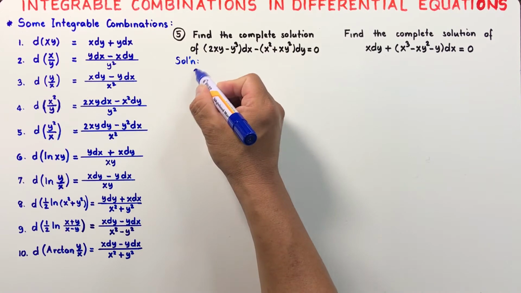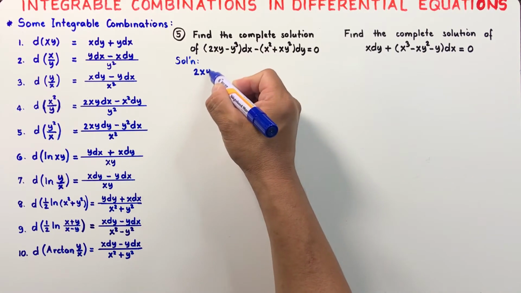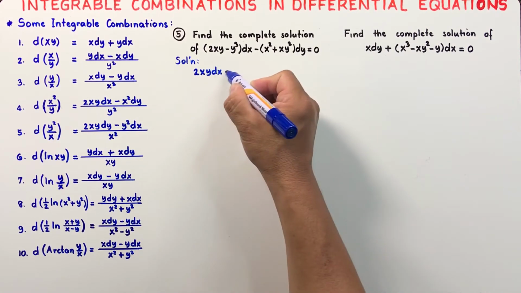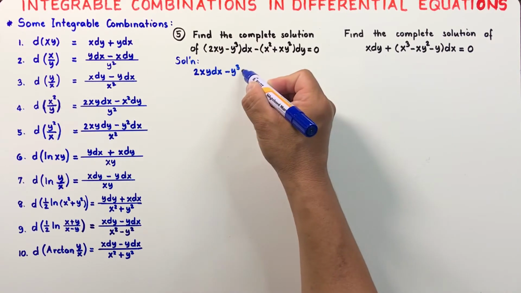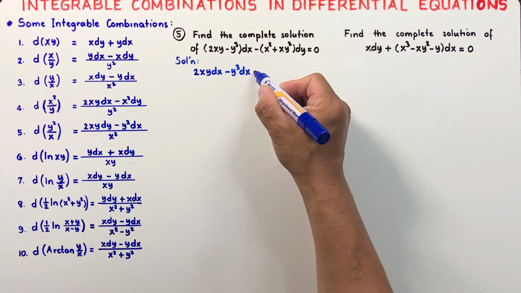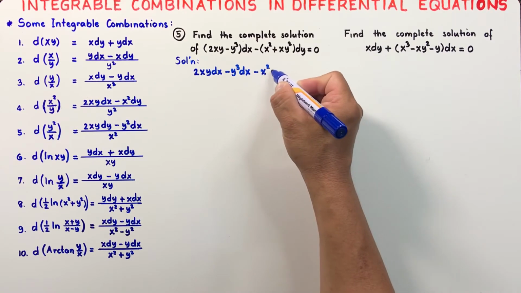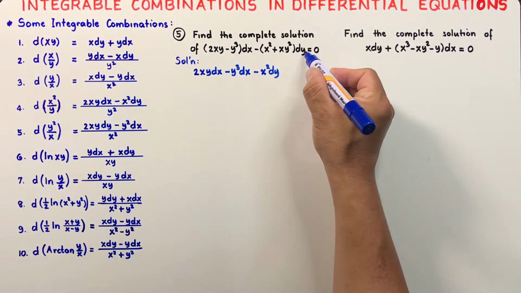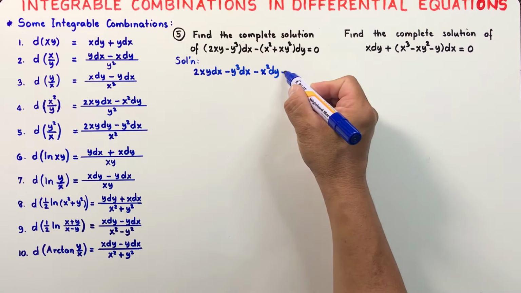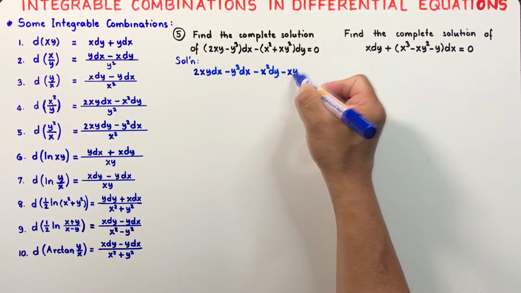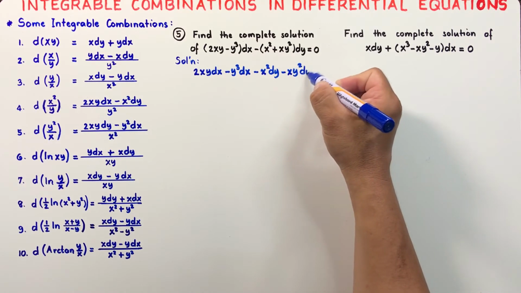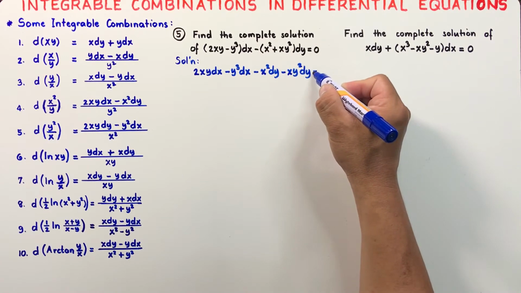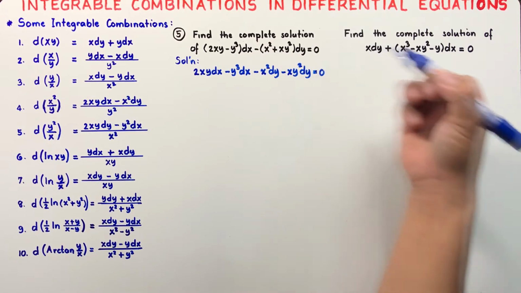So we have 2xy dx minus y cubed dx, and this will be subtracted by x squared dy if you distribute this dy to this binomial, and also minus x y squared dy, and the whole expression is equal to 0.